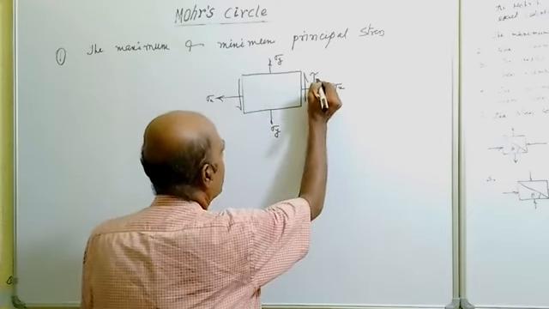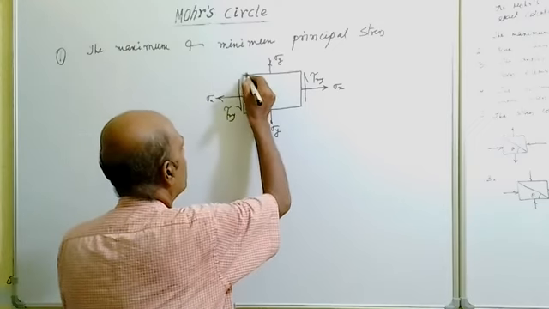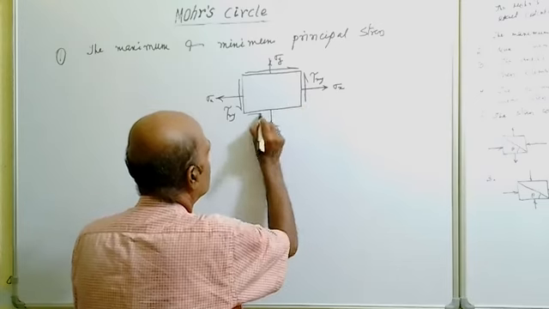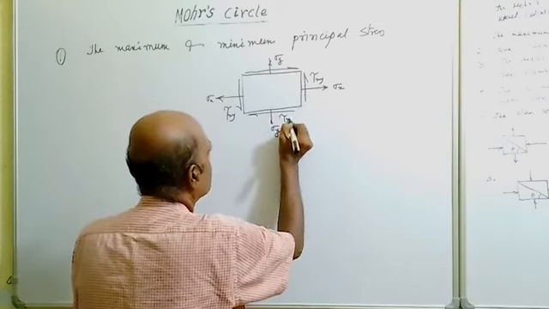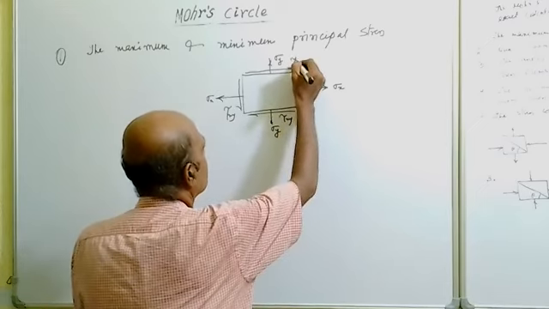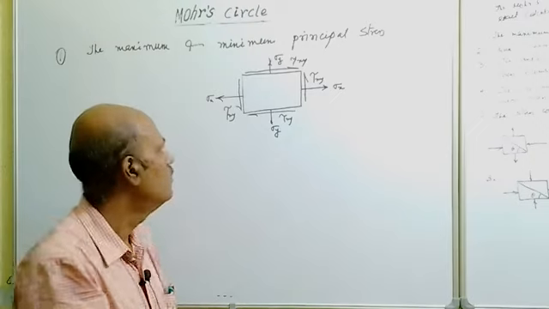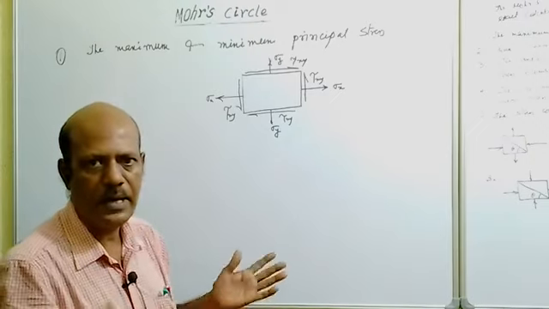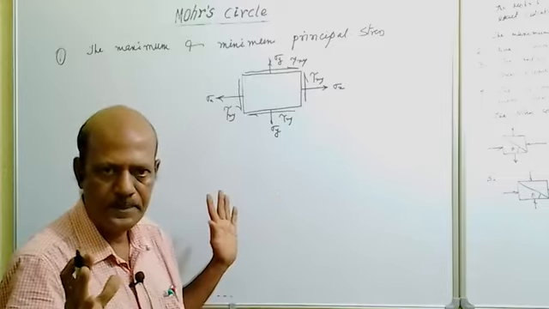So the complementary shear stress, tau xy, will develop on the y face. Now we have to find the maximum and minimum principal stress developed in that body.